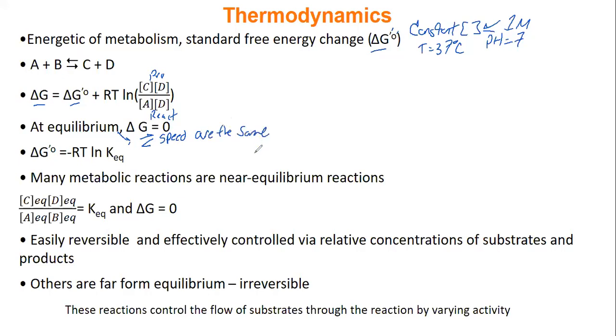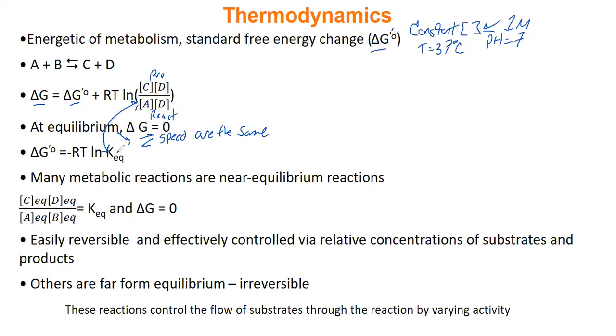This is a common confusion. Equilibrium does not mean concentrations are the same. All that means is that my forward reaction and reverse reaction are going at the same rate. And when that's true, delta G equals 0. And the ratio of products to reactants is now called KEQ.